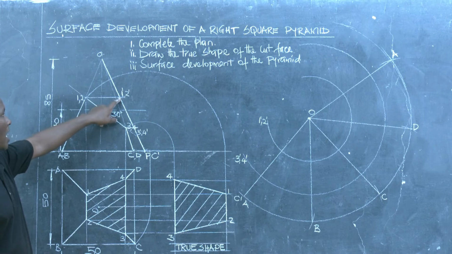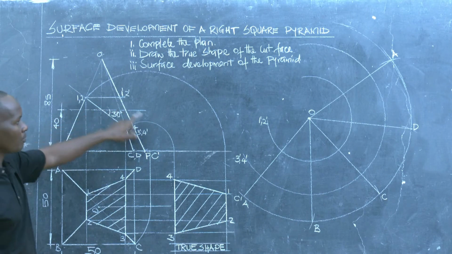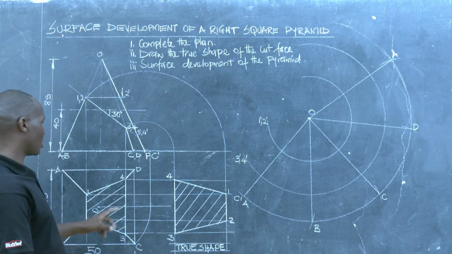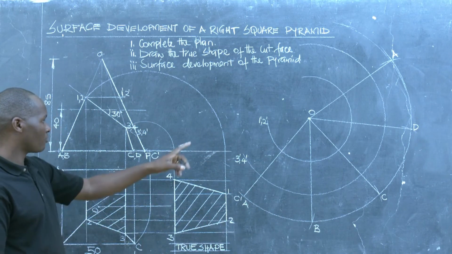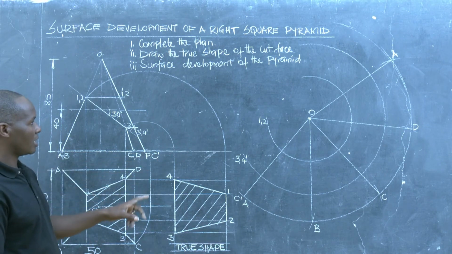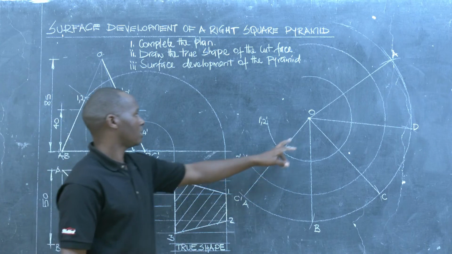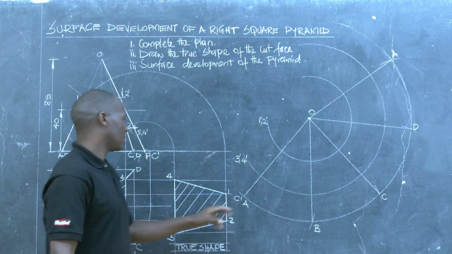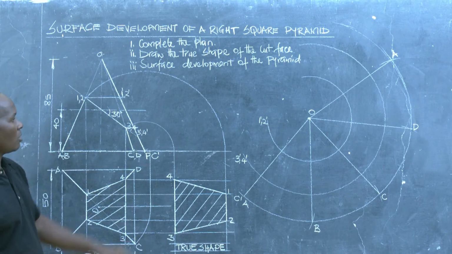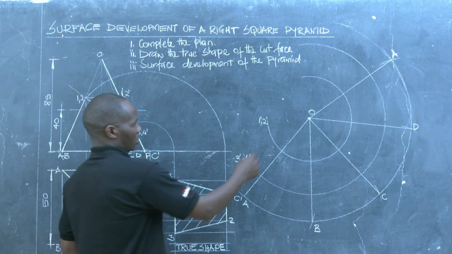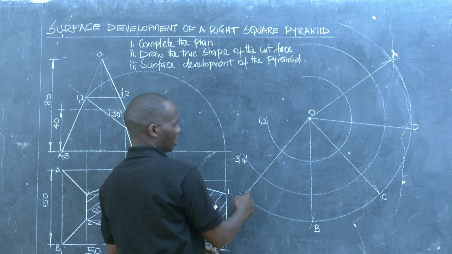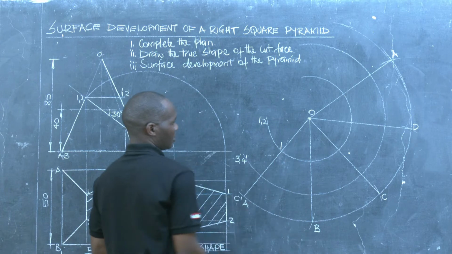Therefore, we will use arc 1 prime, 2 prime, where it intersects with the radial line coming from OA, that should give us point 1.